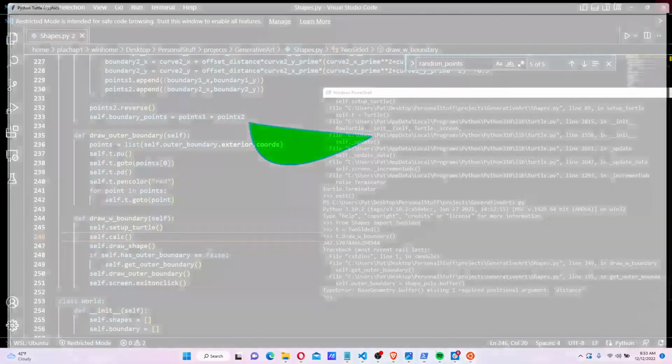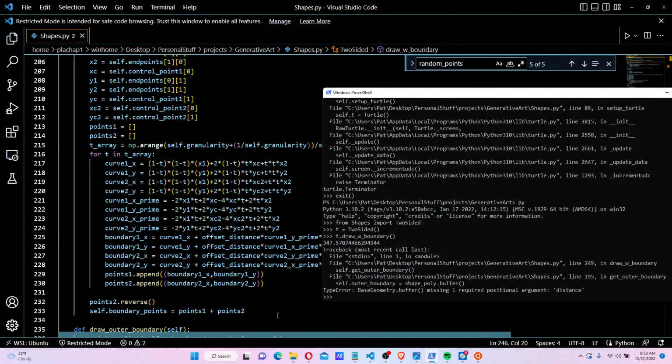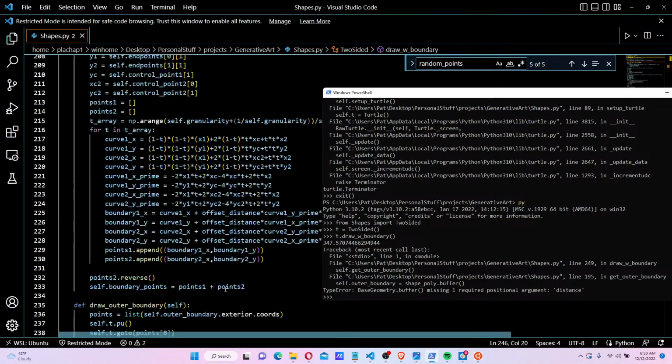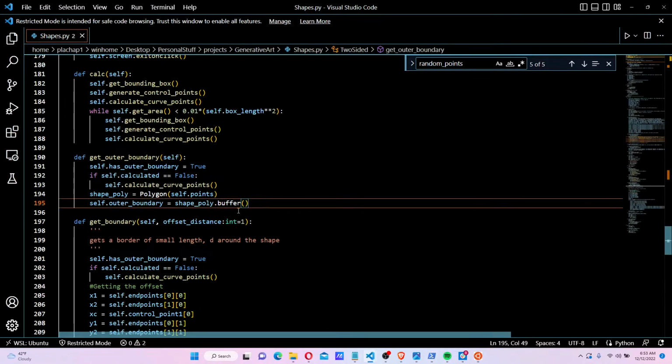Okay, something wrong with getting the boundary. Oh, buffer is missing an argument. Distance is equal to 1.